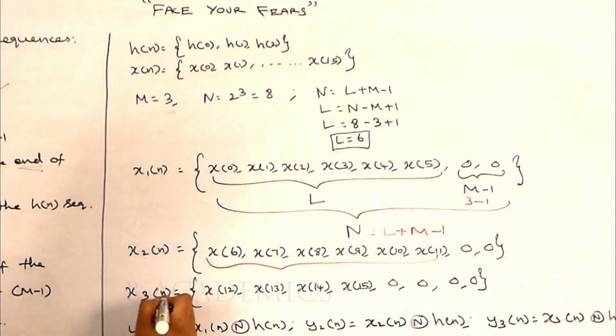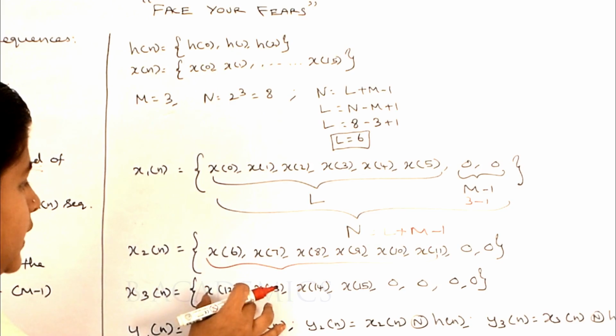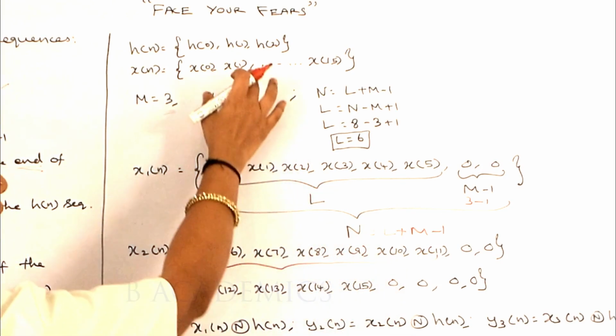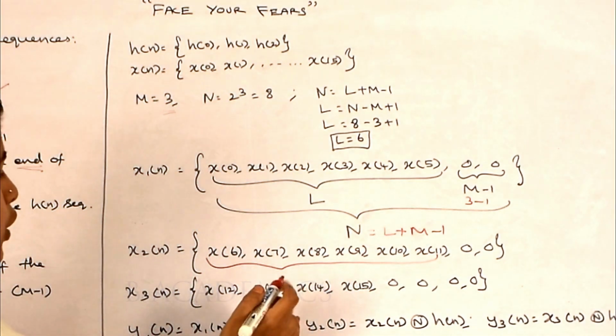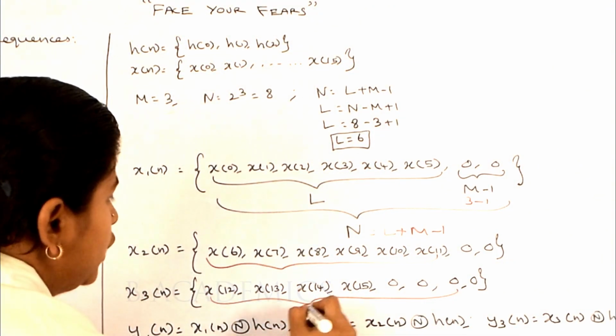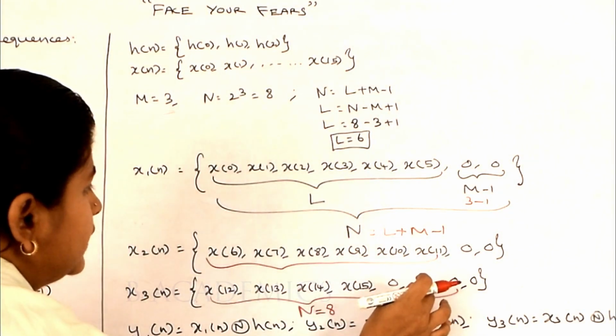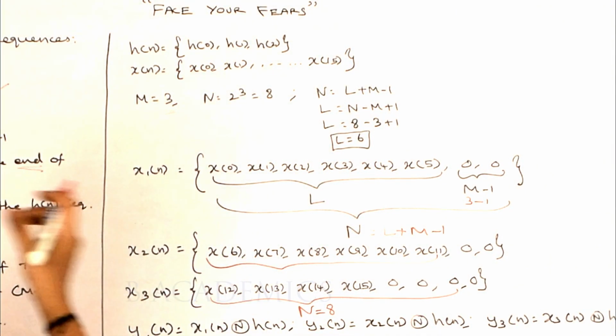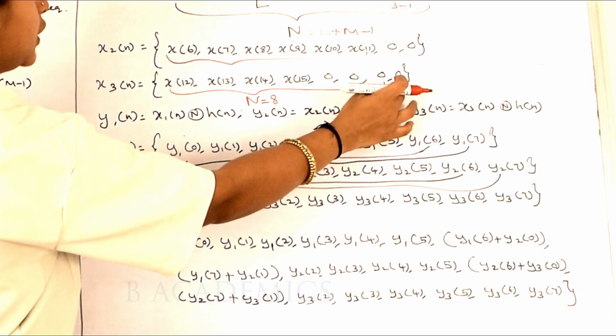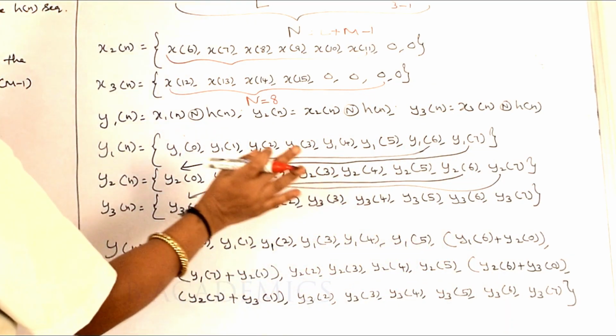In the last subblock, I am having only 4 data remaining in the actual input given. So, in order to make the subblock length equal to N, I am adding 2 more zeros in the last subblock. Okay. This one you will be getting extra 2 zeros in the output sequence, you can ignore it.